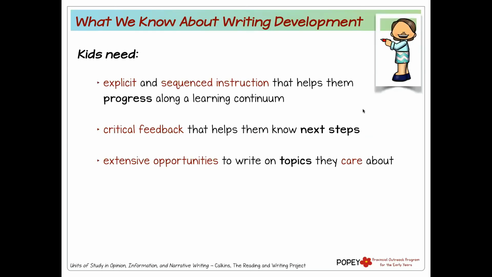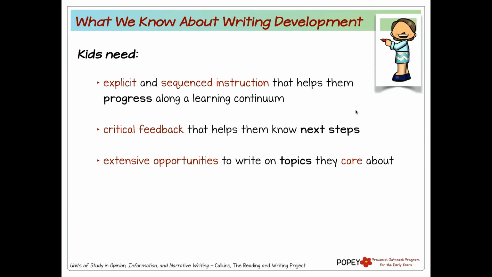Okay, so what we know about writing development is that we need that instruction that Lisa has talked very in depth about throughout our writing sessions that we've been doing. So the very direct instruction that involves that modeling, that's very important. Critical feedback, and critical not meaning negative, but meaning explicit and timely. So what is going to move our students forward? What's going to nudge them? And a phrase that I just absolutely love to use with students is, "I think you're ready for."